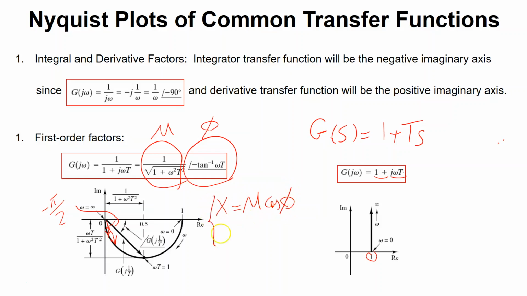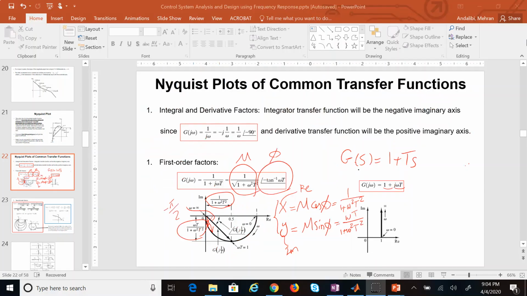Instead of x, I can say real axis, and y, which is the imaginary axis, is M times sine of phi, right? Again, y is the imaginary and x is the real part. So you can show that the equation between x and y is the equation of a circle with radius of 1/2 and with the center at x of 1/2 and y of 0.